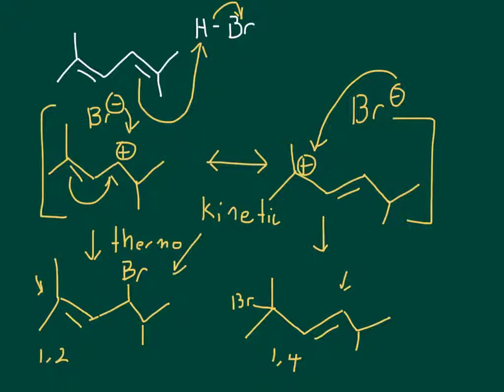But if we consider kinetics in terms of stability of the intermediates, then we have a secondary carbocation on the left and a tertiary carbocation on the right. The tertiary carbocation would be more stable than the secondary carbocation, which means that if that's the principal factor, then the kinetic product would be the 1,4 adduct.